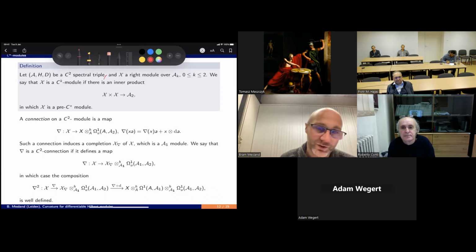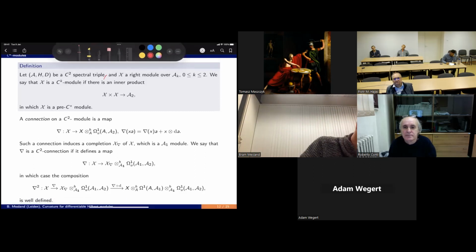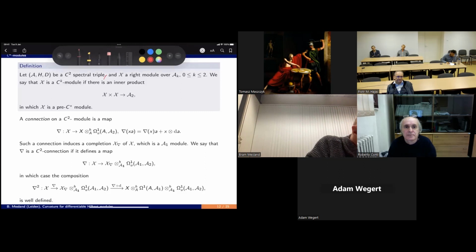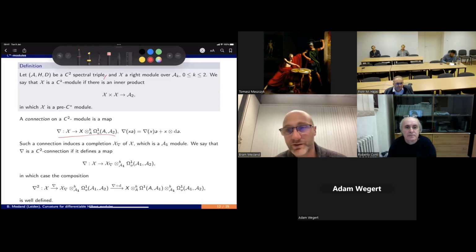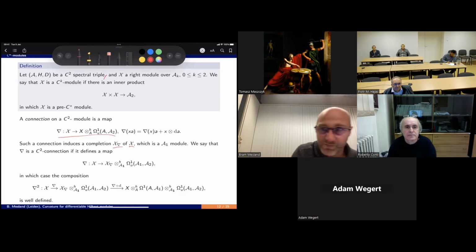And then we want to work with connections, and now the next subtlety presents itself. A connection will be such a map, where you see that the target is a completed tensor product. This is the flexibility one needs. Of course, there is the usual Leibniz rule. And when you have such a connection, you can construct the completion of the initial module X. Sorry, what is the straight X?